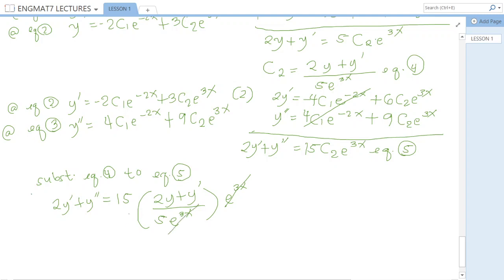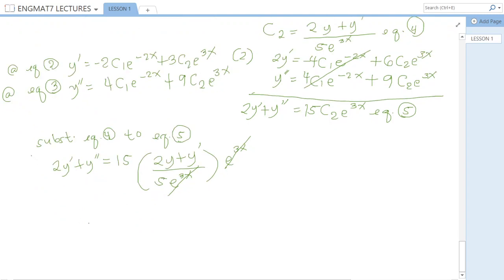If we simplify that further, you will notice there are no arbitrary constants anymore, so our answer is correct. So 2y prime plus y double prime is equal to, let us simplify this: 15 divided by 5 is 3, and 3 times 2 is 6y plus 3y prime.